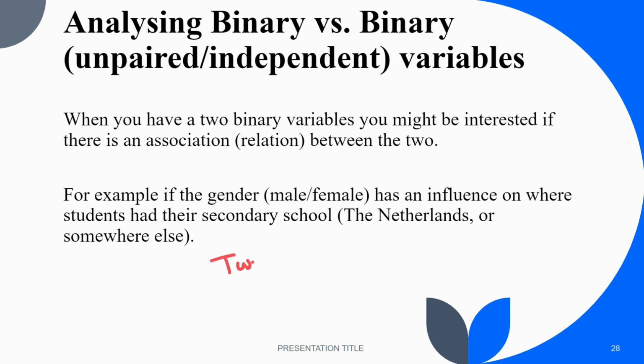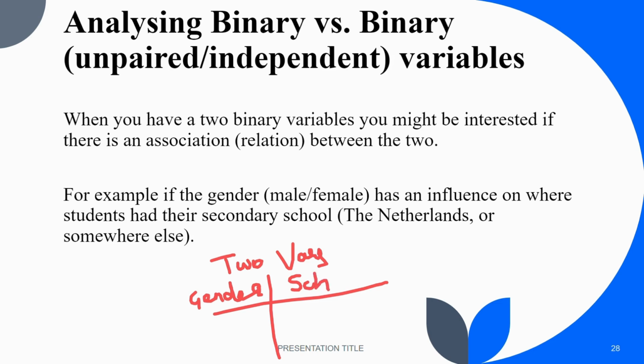So two variables means that there are two columns in the table. For example, the first will be gender and the second is maybe school. In the question, gender can be male or female, and school has the option Netherlands or other.